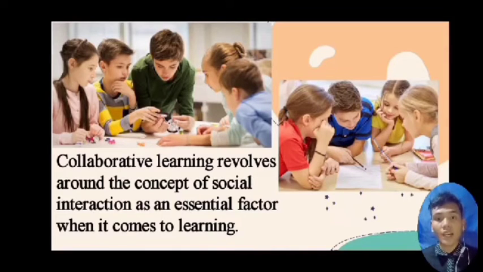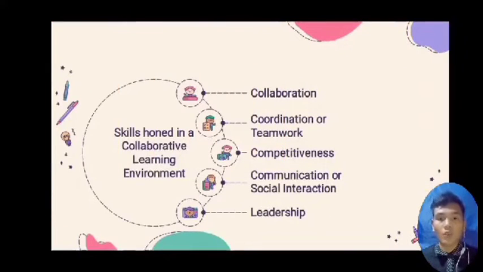This learning environment also promotes 5 essential skills for students to learn in a collaborative learning-centered environment, which are first, collaboration, second, coordination or teamwork, third, competitiveness, fourth, communication or social interaction, and fifth, lastly, especially, leadership, as one must lead the pack to attain the first 4 essential skills.